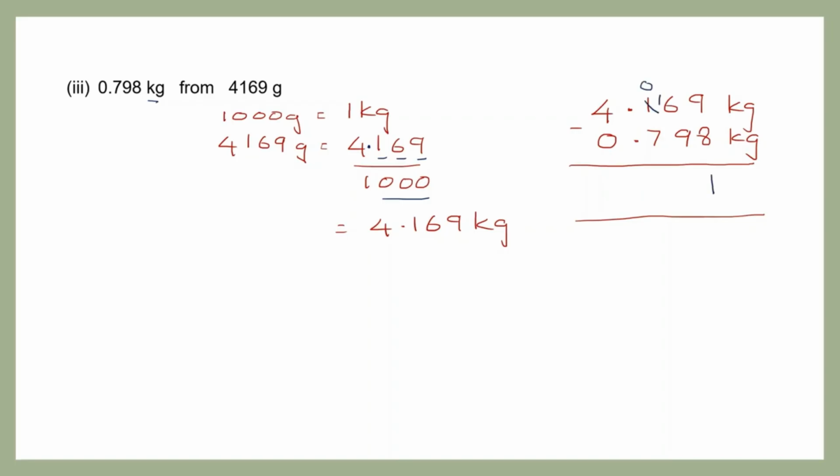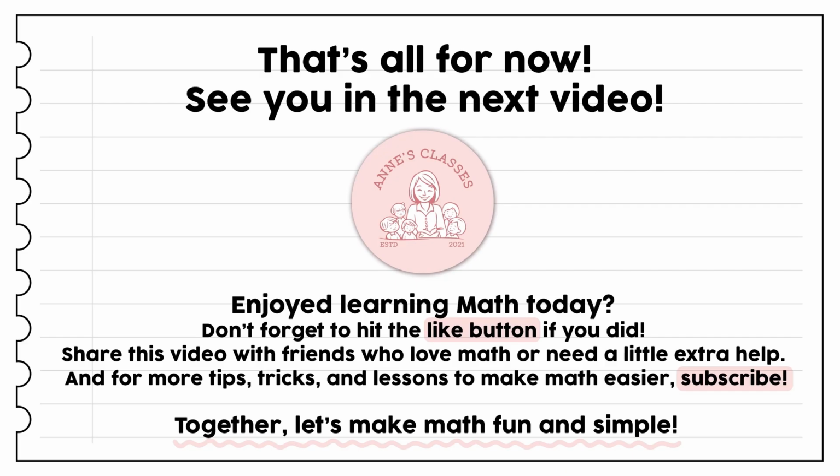So it becomes 16 minus 9, which is 7. 0 minus 7 I cannot do. I borrow. So this becomes 10. 10 minus 7 is 3. Decimal point. 3 minus 0 is 3. And I write down kg. So my answer is 3.371 kg.